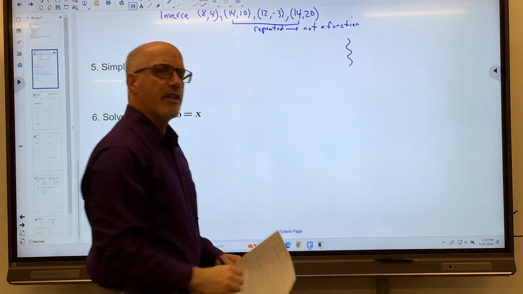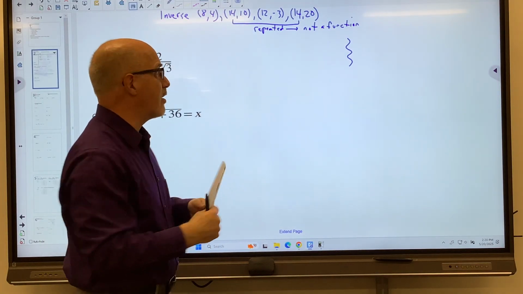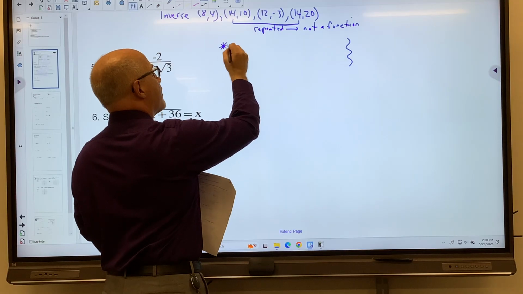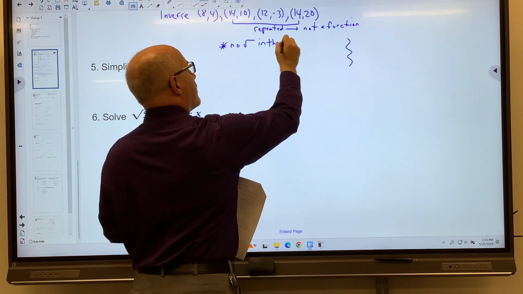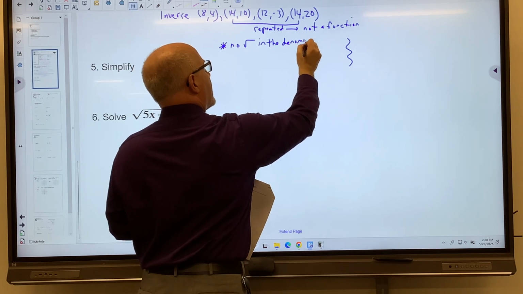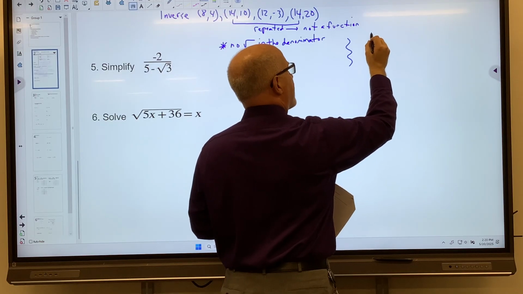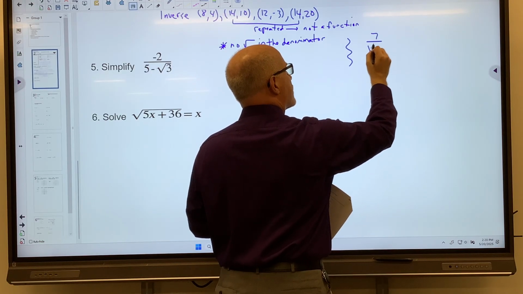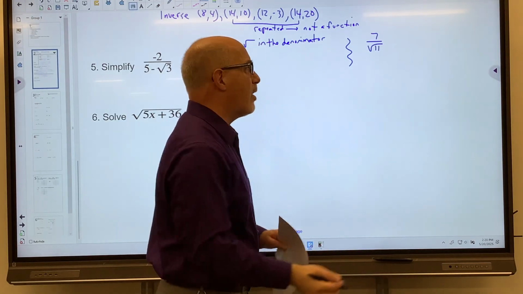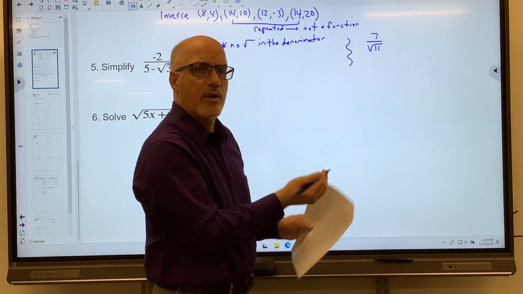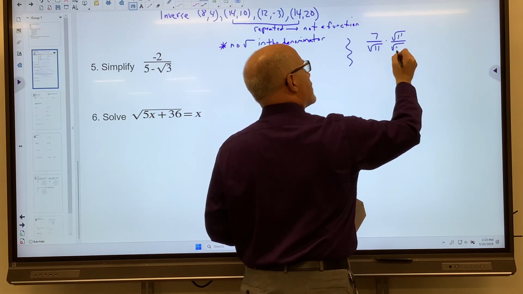Just a reminder, the goal when you're simplifying is no square roots in the denominator. Okay, so we want to go for simplifying with no square root in the denominator. Now, to do that in a simpler problem, if we had, say, for instance, 7 over the square root of, let's say, 11, all you need to do to get rid of the square root in the denominator is multiply by the square root from the denominator, top and bottom.